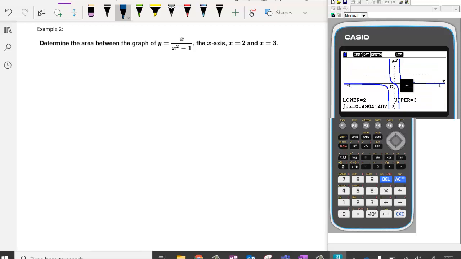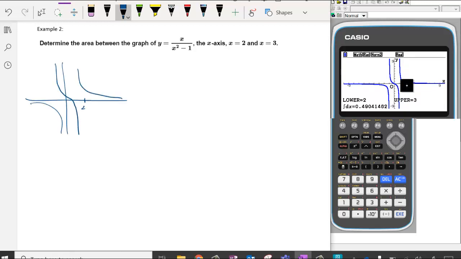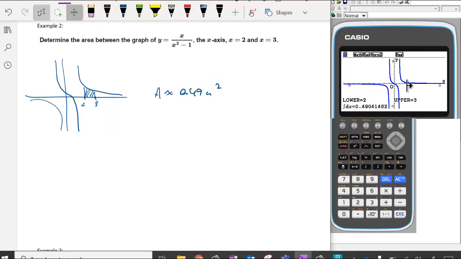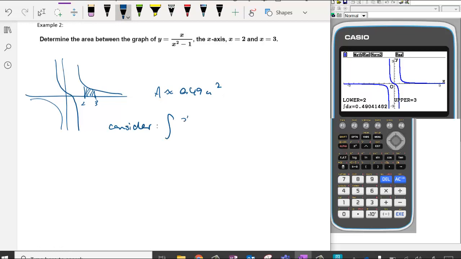Okay, so we have this small area over here. So if we draw a quick sketch, looking between 2 and 3, this is the area that we're focused on, and that area should be approximately 0.49 units squared. Alright, so for us, I'm going to first consider the integral of x over x squared take 1.